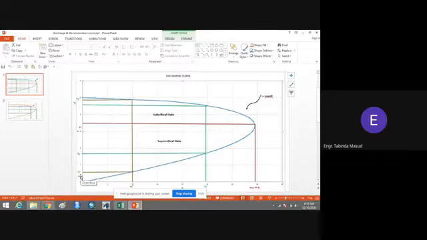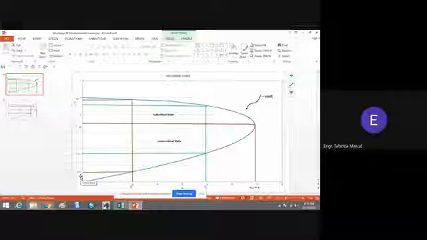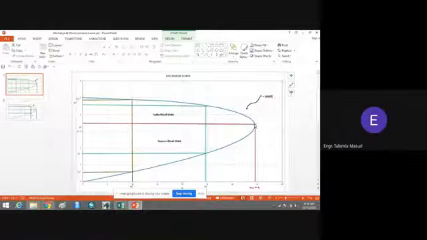Again, one of them is in the subcritical state and the other is in the supercritical state, and both give you the same discharge.